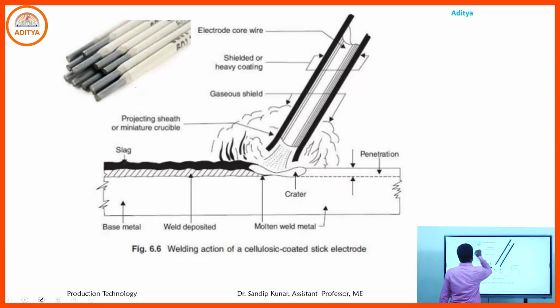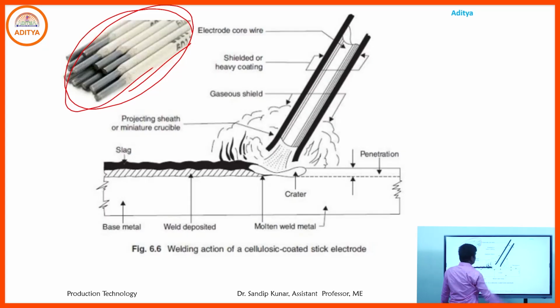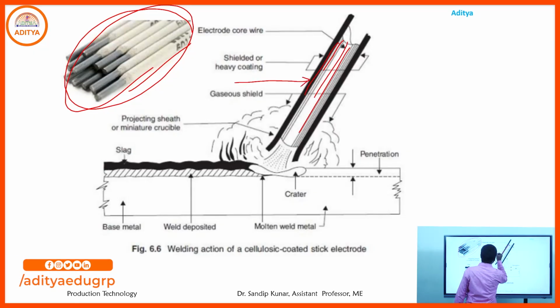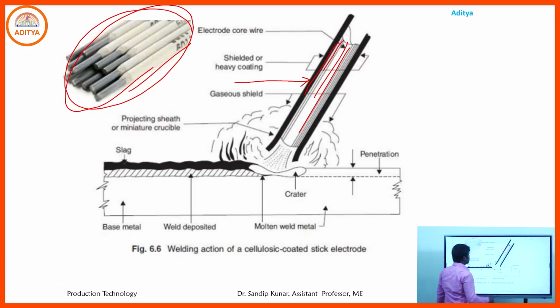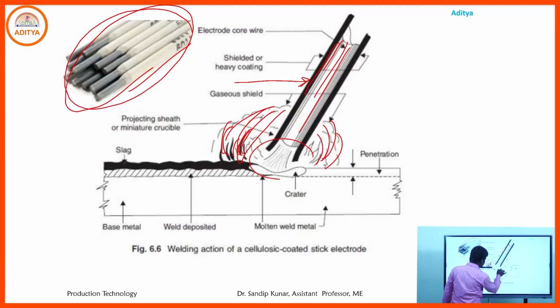Here is the bare electrode and the bare filler material, and here we have the coated electrode with the electrode core wire. We have provided a heavy shielded coating on the core wire. When the core wire melts, due to melting of that heavy coating, protective gas or vapors are created, and that forms a protection layer across the melting zone.